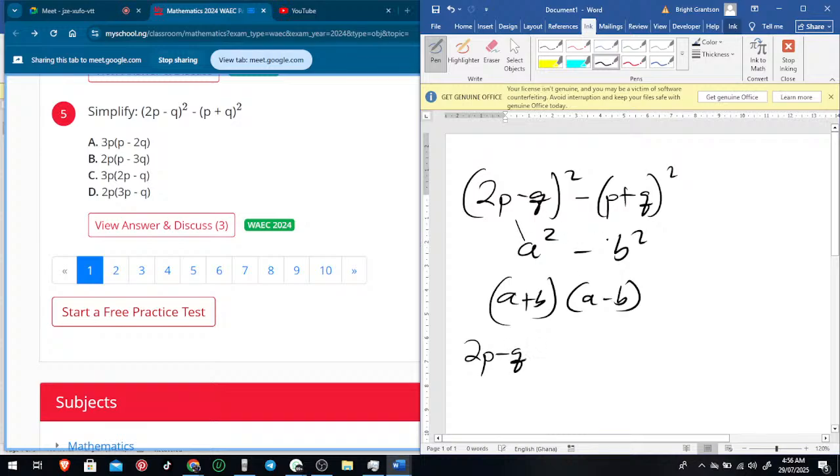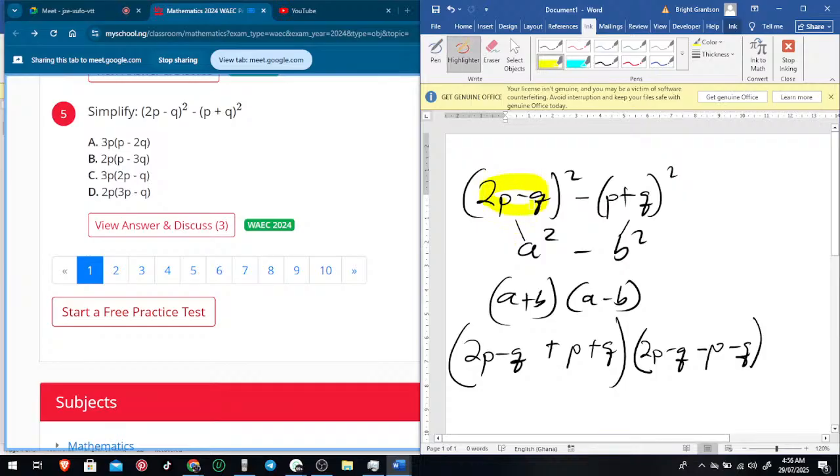So 2p plus or minus q, this is the a and this is the b. So a plus b is p plus q as one set, times 2p minus q minus everything here, so it's going to be negative p negative q, minus b. Now, a plus b and a minus b.